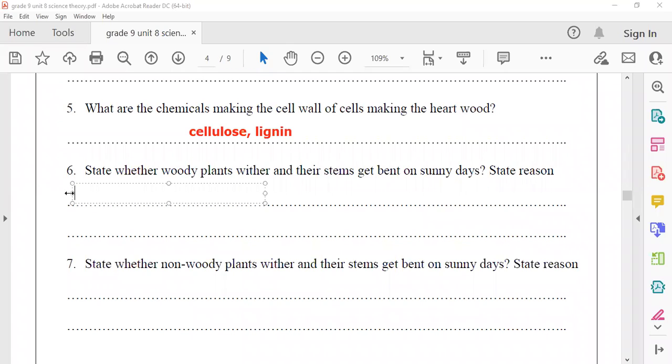State whether woody plants wither and their stems get bent on sunny days. Will the woody plant stem lose its rigidity and bend and fall on the ground? No, sir.